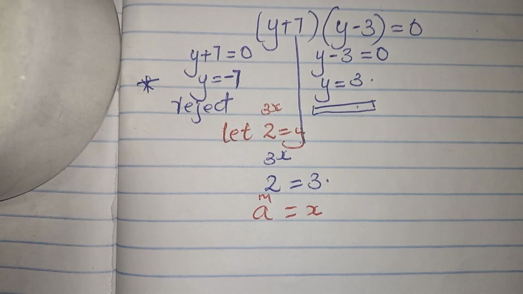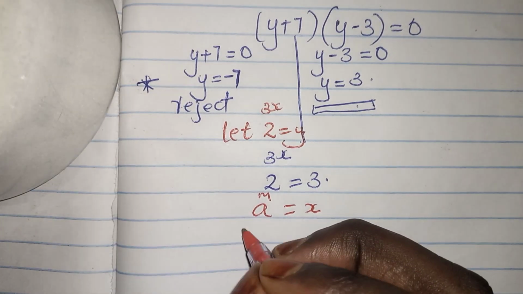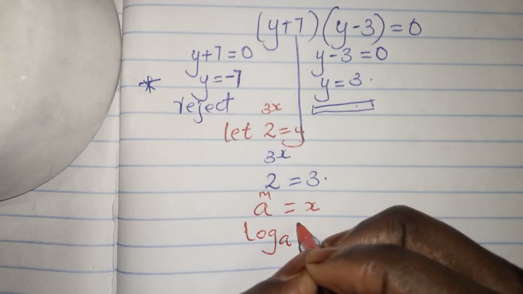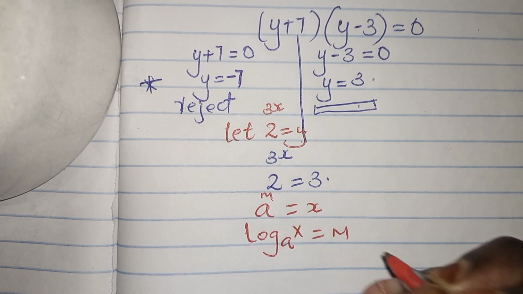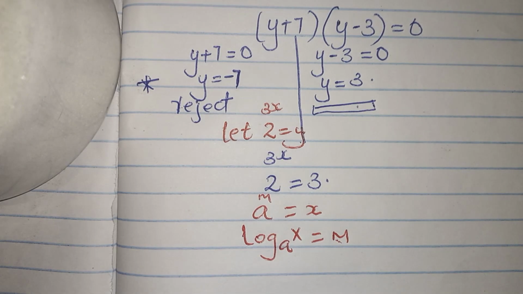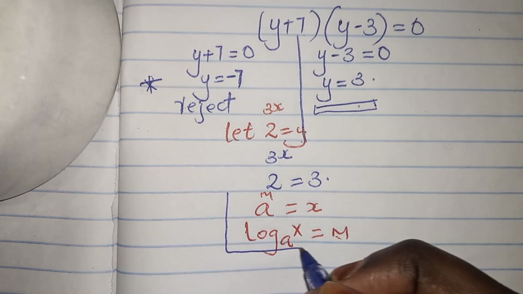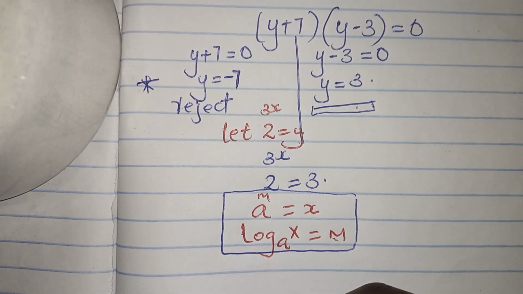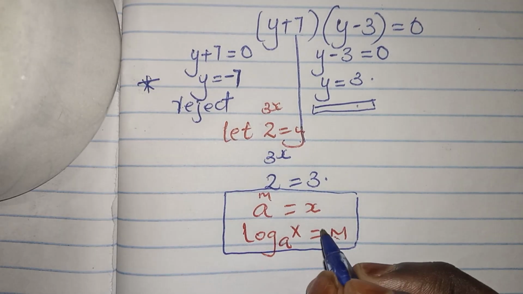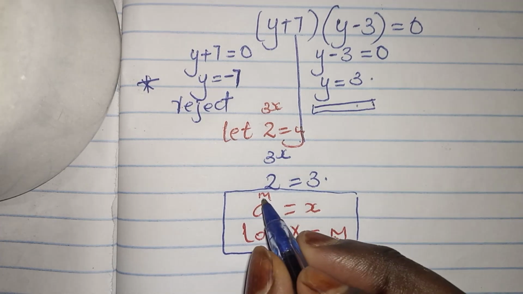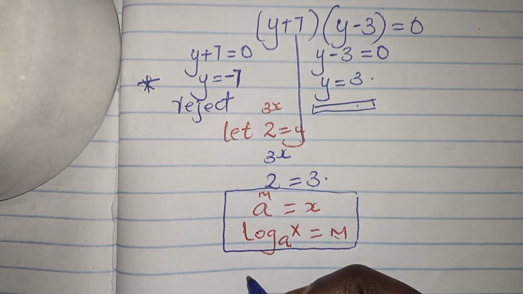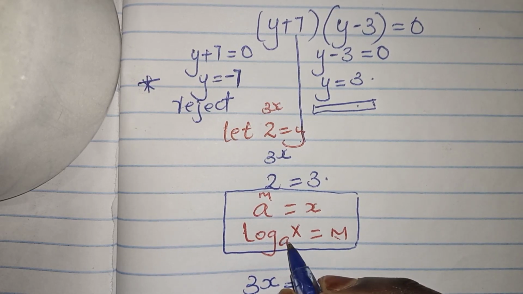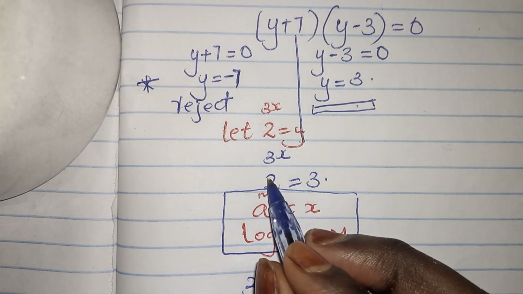We can as well write it as log base a of x is equal to m, bringing this power on this side. And this is the rule that we are going to apply here. I'm bringing this m here, this power, which is 3x, is equal to log. A here is my base, which is 2.